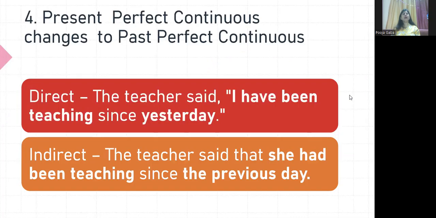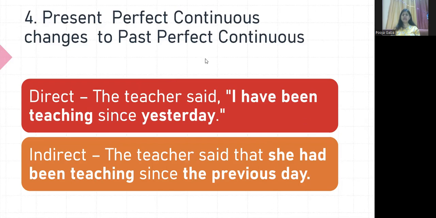Now the next one, present perfect continuous changes to past perfect continuous. See the example. The teacher said, I have been teaching since yesterday. So the teacher said will remain same. Inverted comma will change to that. Now this I will go according to the teacher. As we can assume that this is a female teacher, it will take she.